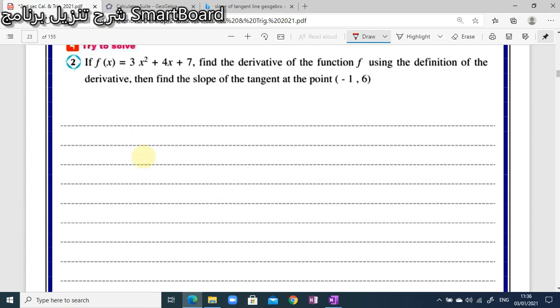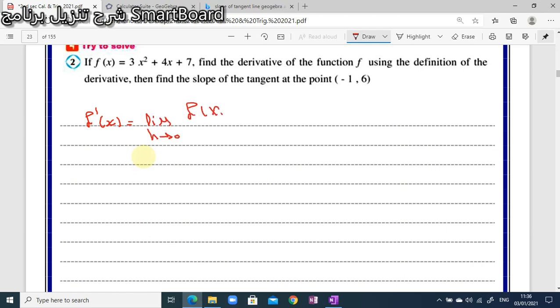So I will use the definition. f dash of x equals the limit as h approaches 0 of f of x1 plus h minus f of x1 all over h.